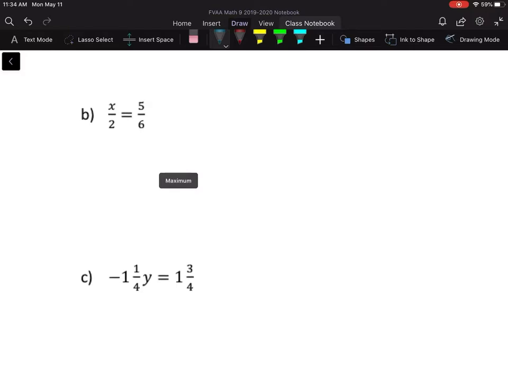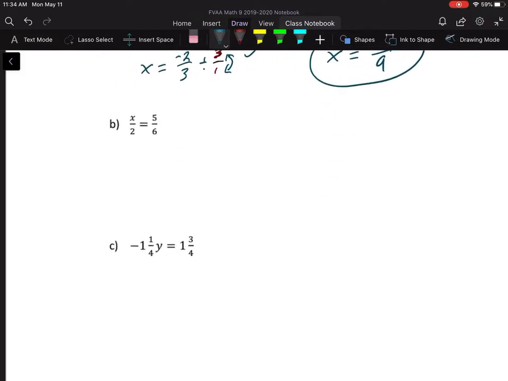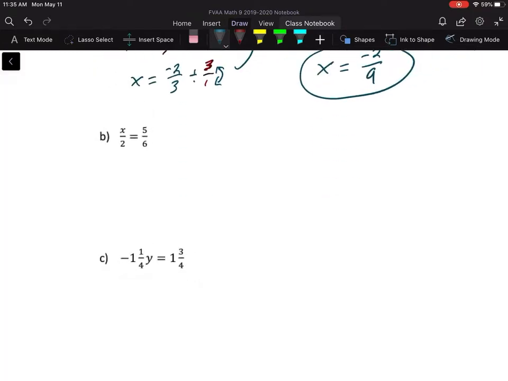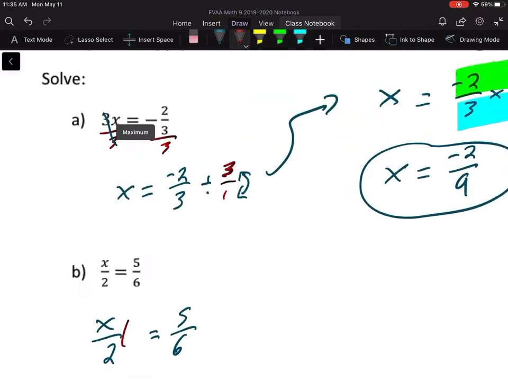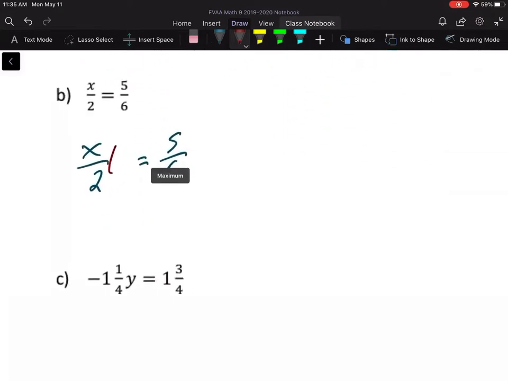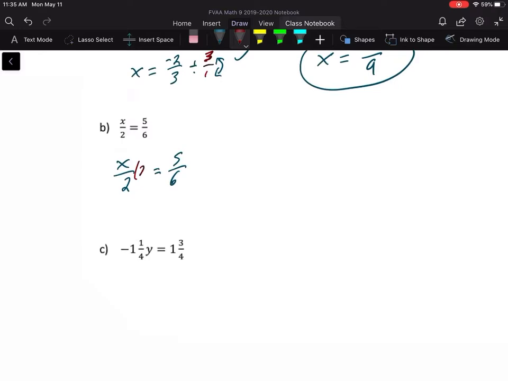Okay, and for this one, I have 2 methods I can use. I can use cross multiply or just opposite operation. I guess we can do both methods, so we'll do opposite operation first. So x divided by 2 is equal to 5 over 6. Because here it was 3 times x, I divided by 3 on both sides. Here, because it's x divided by 2, I'm going to multiply on both sides, because multiplication is the opposite of division.